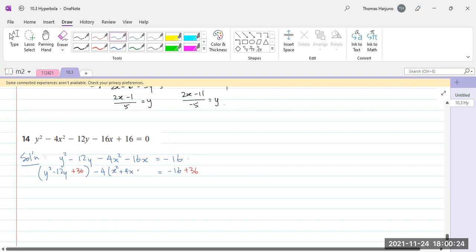Now, for me to complete that, I need to add 4. Okay, but that means on the other side, I need to add negative 4 times 4.